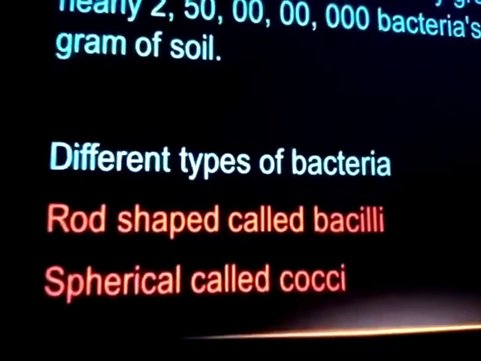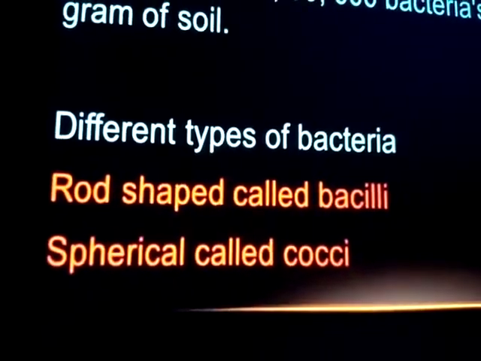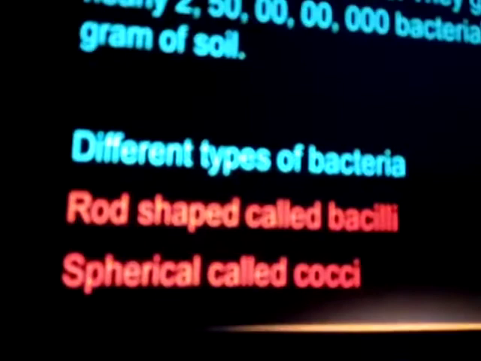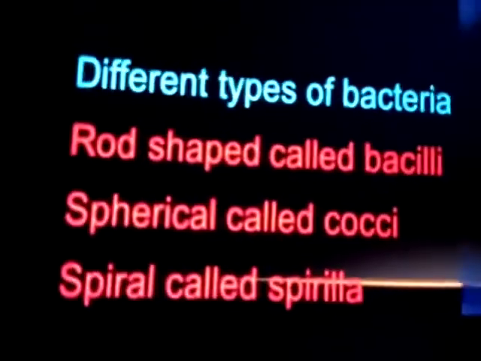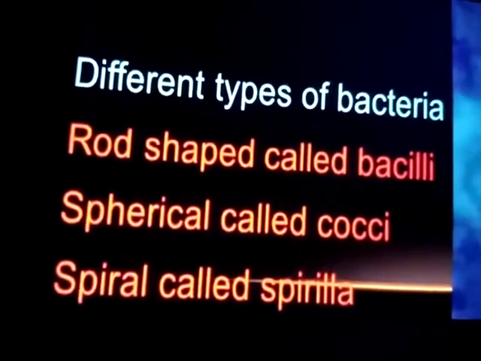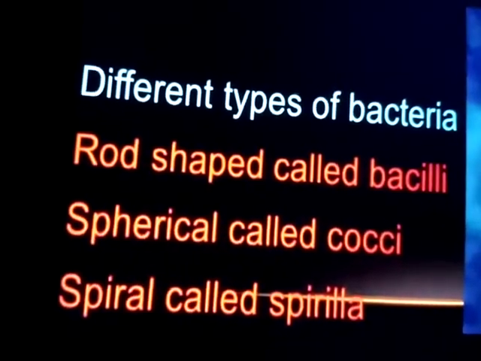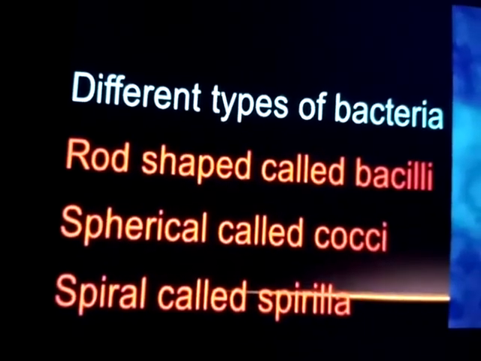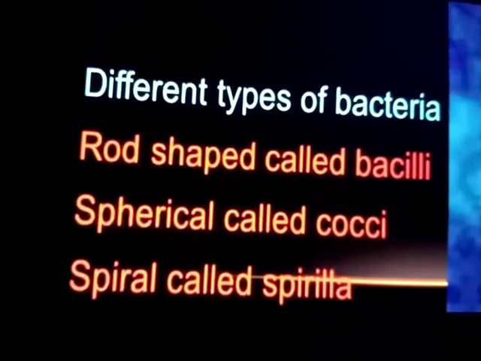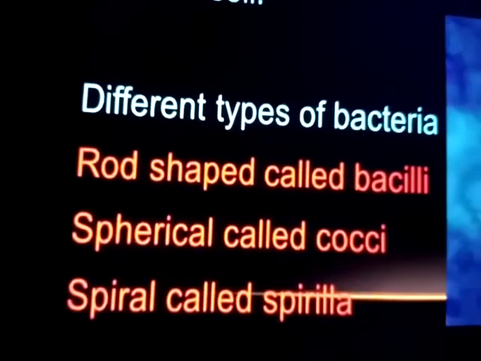Now different types of bacteria. These bacteria are known according to their shape. Rod-shaped bacteria are called bacilli, spherical shaped are called cocci, and spiral shaped are called spirilla. Bacilli, cocci, spirilla. These are the different types of bacteria.